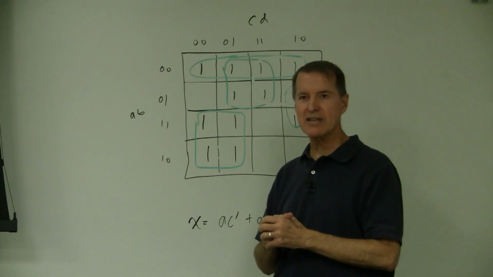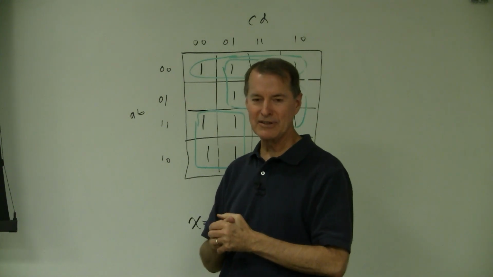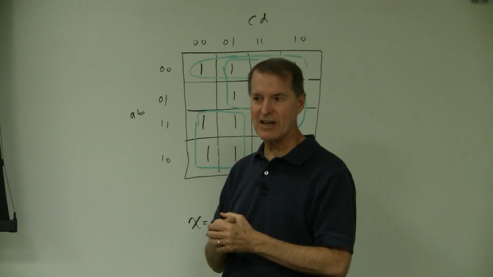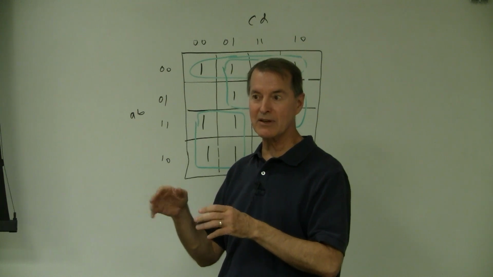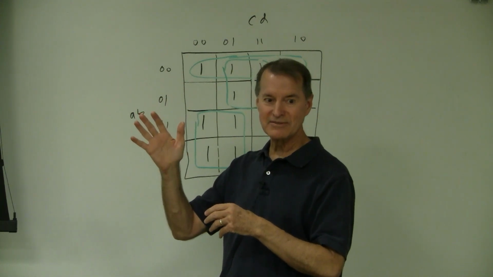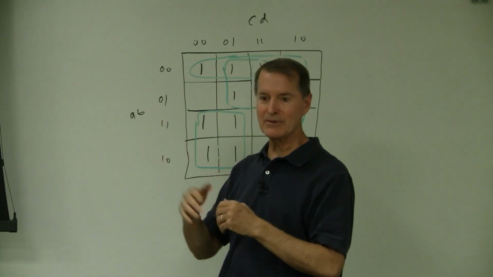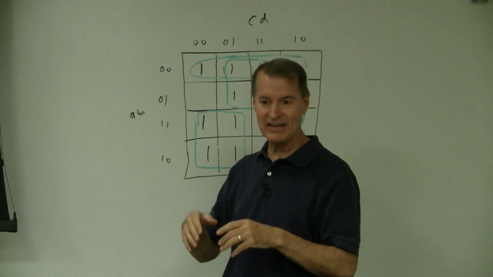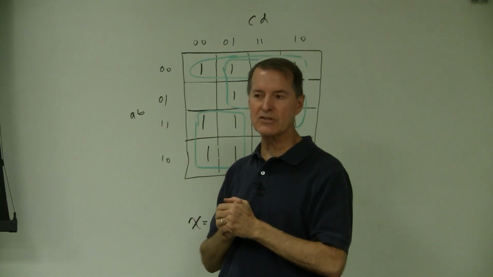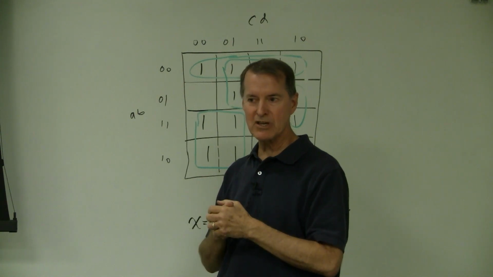But unfortunately, the Quine-McCluskey program is NP-hard, which means it's not polynomial. It's not big theta of n squared or n cubed or n fourth. It's exponential. So by the time you get to more than 20 variables or so, it gets really hard. And so there's another algorithm, an approximation algorithm that's good.